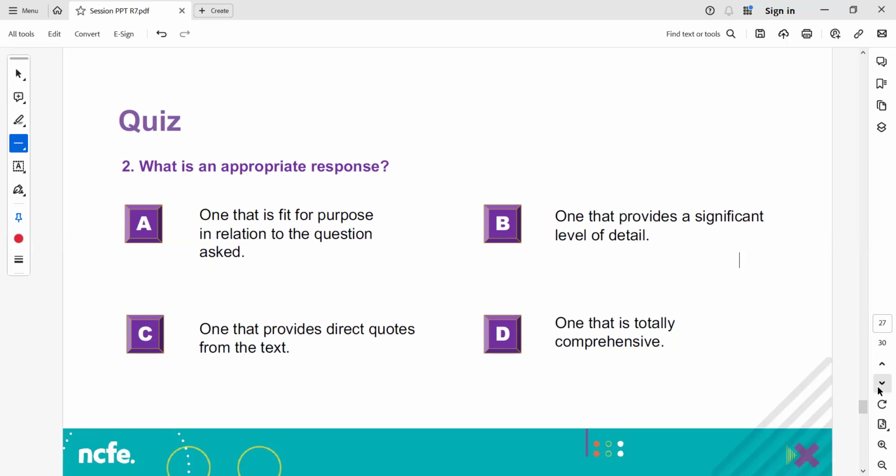It means what is an appropriate response to a question that is asked. Maybe B. So we do need to include a significant level of detail.